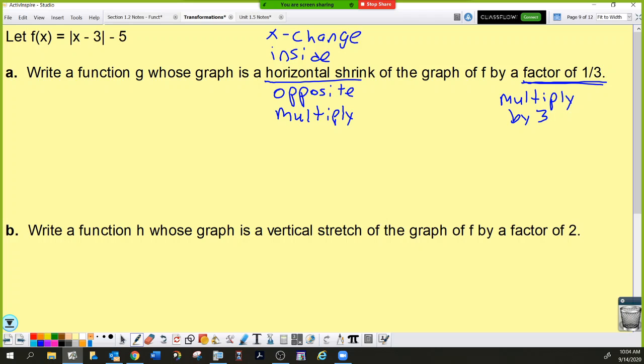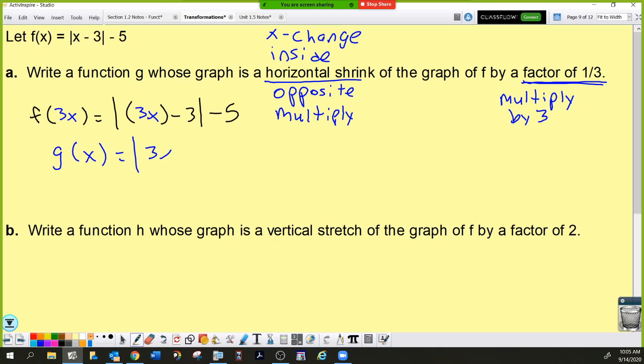So you would be doing f of 3x, and we'll call that g. And once again, these parentheses weren't necessary. And you'd be finished there.